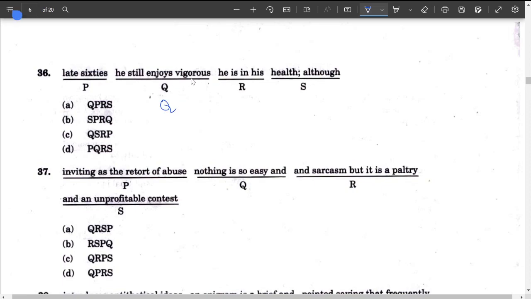Q, he still enjoys. Vigorous is an adjective followed by a noun. The only noun is health. That is S we can use. Vigorous health, although he is, okay, that is R. He is in his, again followed by a noun, in his late 60s. 60s is the noun, that is P. QSRP. QSRP is the C option.